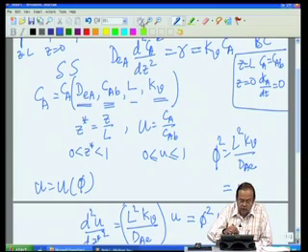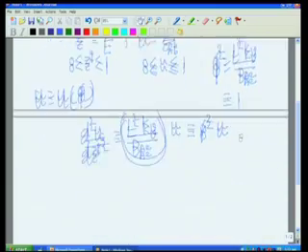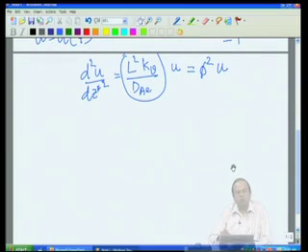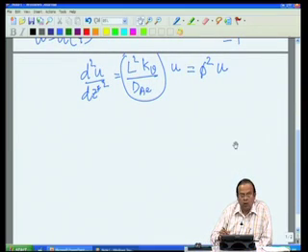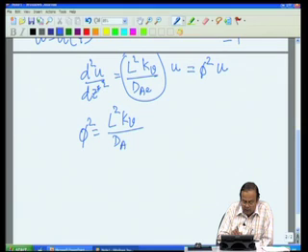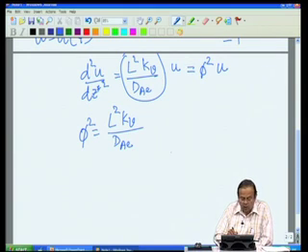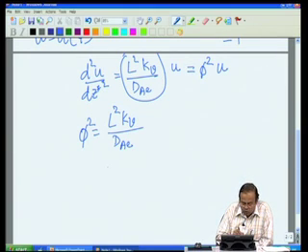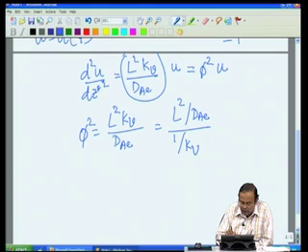What does this Thiele modulus represent? Now, if we look at this Thiele modulus phi square, which is L square kV by dAe, I can also write it as L square by dAe divided by 1 by kV.